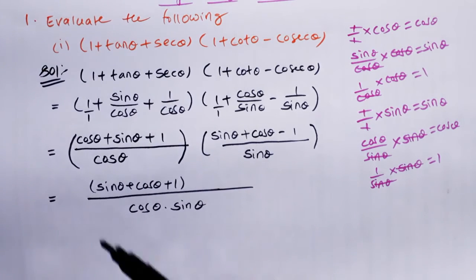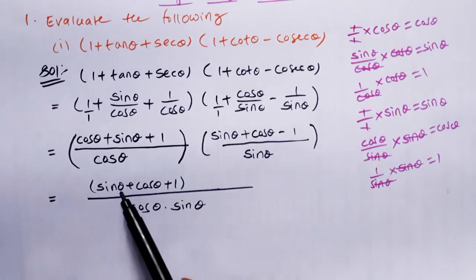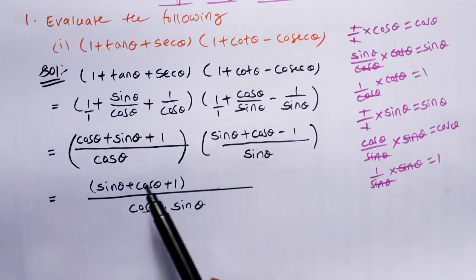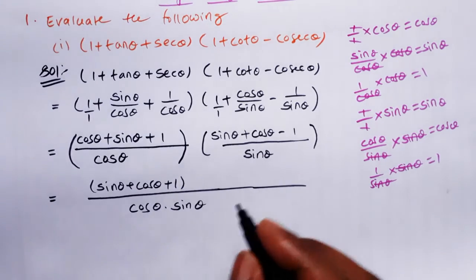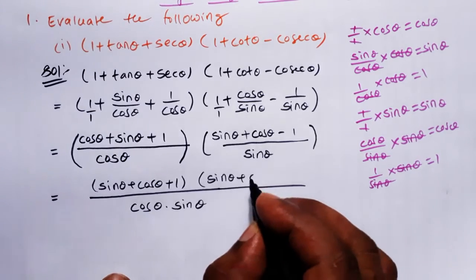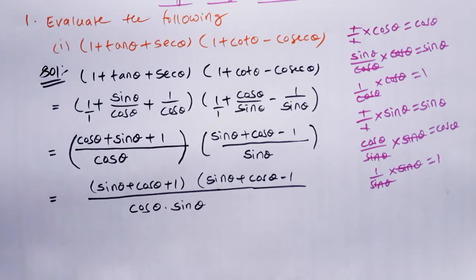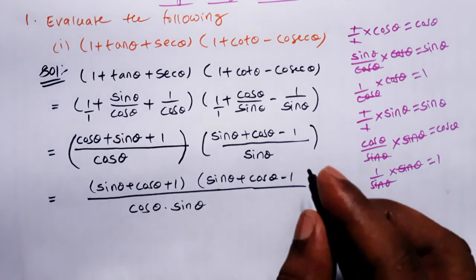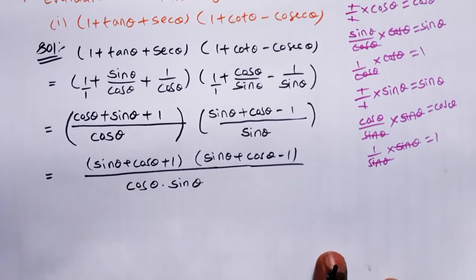So here I wrote sin theta the starting. Next I wrote cos theta. So we can write like this. No problem. Okay. Here sin theta plus cos theta minus 1. Okay. Now observe the numerators.